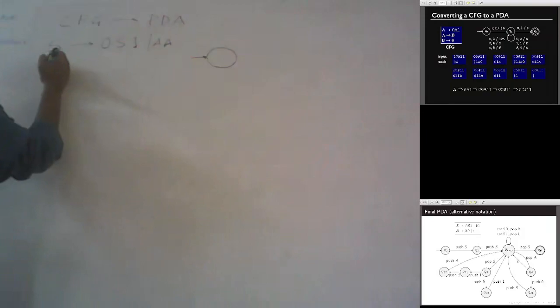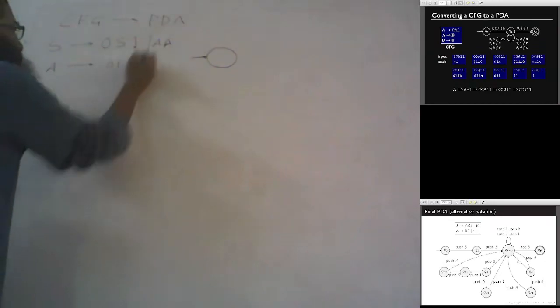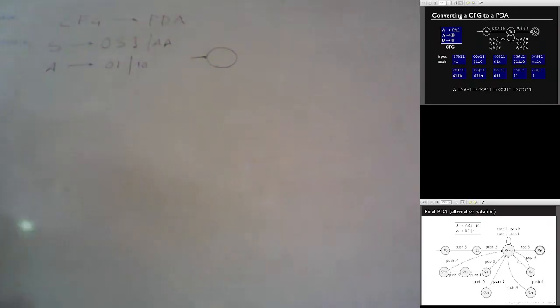And then A can go to what? Let's say A can go to either 0 1, or 1 0.